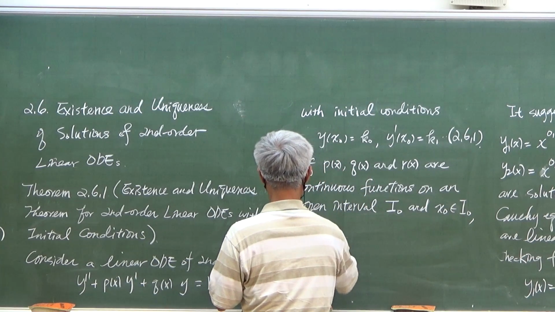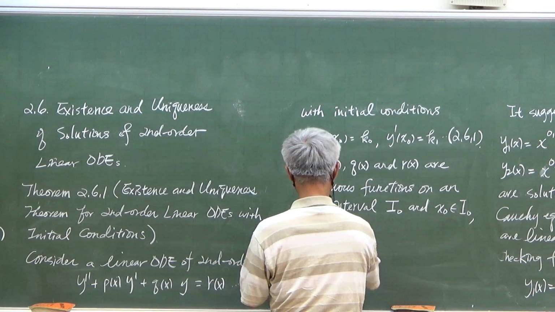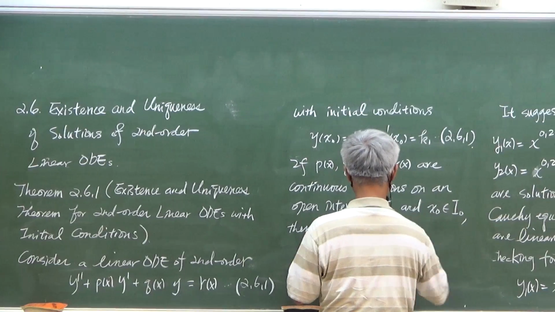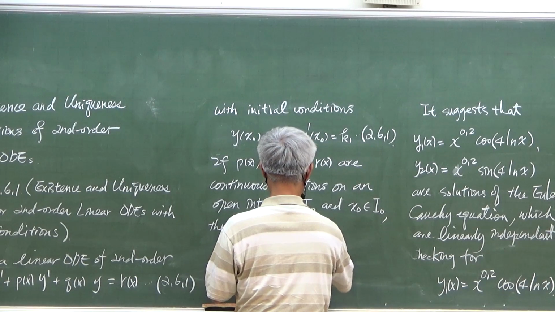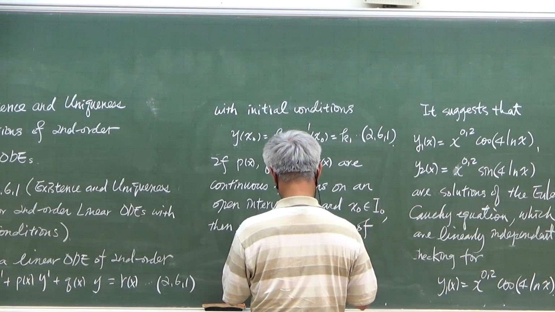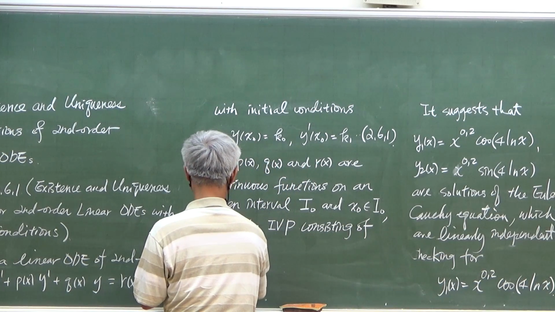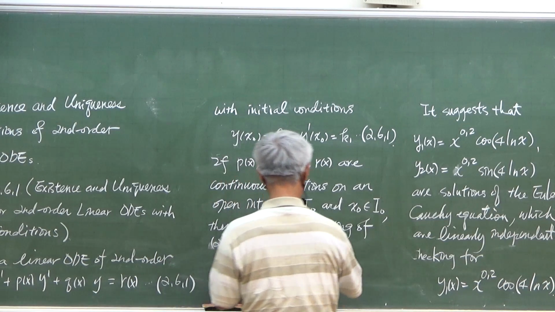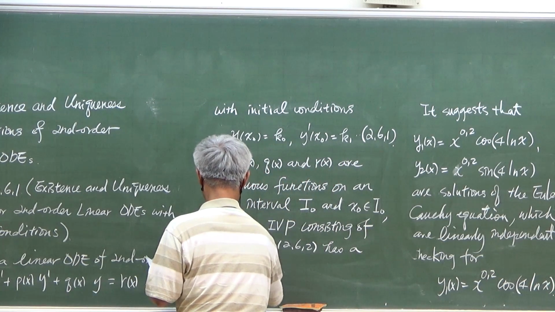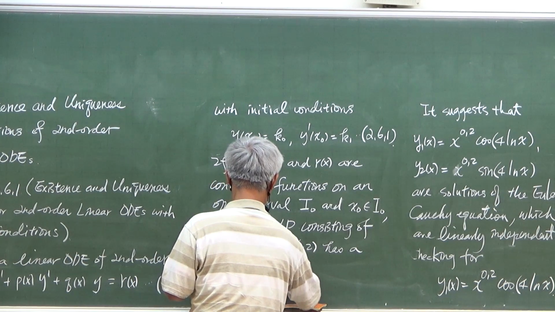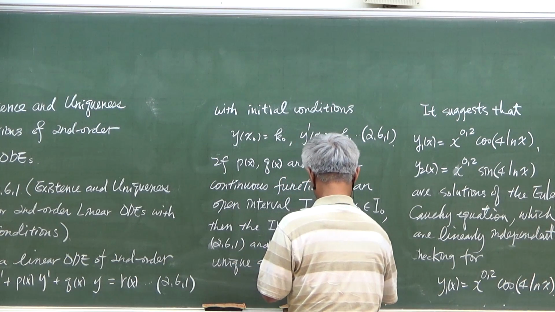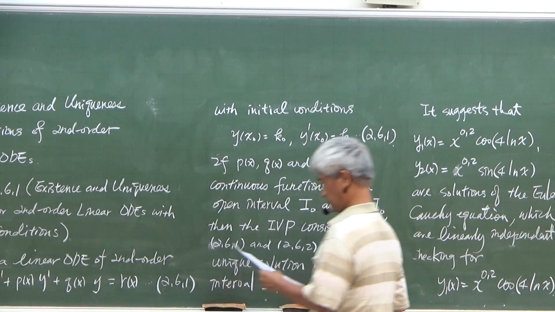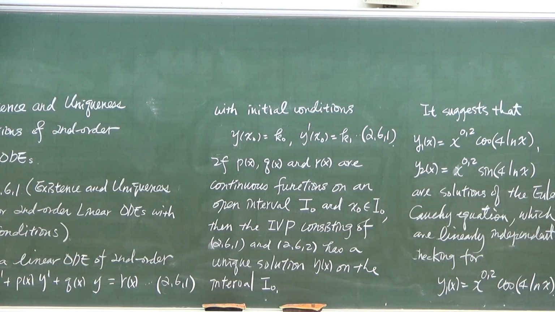Okay, then the initial value problem consisting of 2.6.1 and 2.6.2 has a unique solution y(x) on the interval. Okay, so this is the statement.